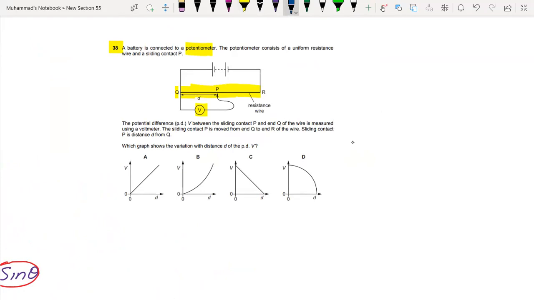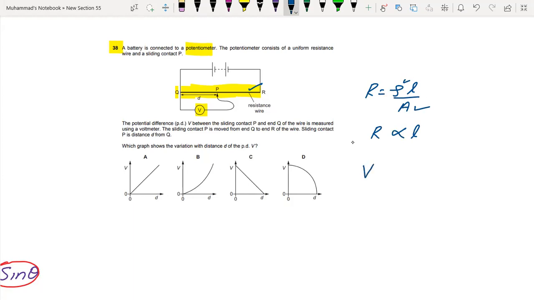And we have to check the relationship between V and D. So you know that resistance of wire is rho L over A. If area is constant, and resistivity is constant, then the resistance is directly proportional to length.